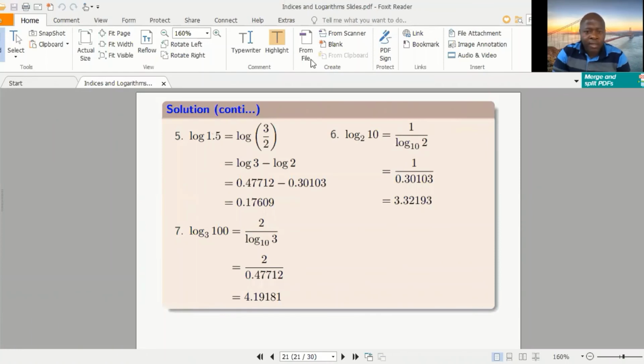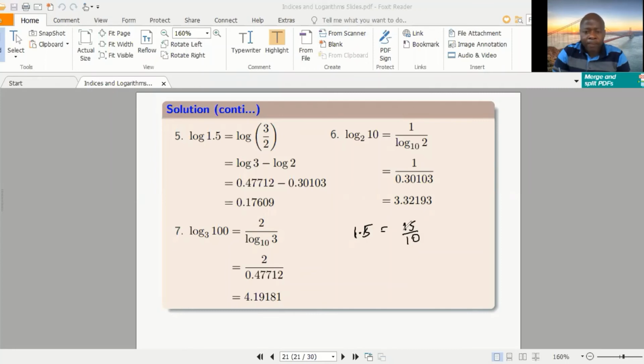Question 5. Yes, good. Question 5 says, find the log of 1.5. So I think of how do I write 1.5 in terms of either 2 or 3? From our primary school knowledge, we already know that 1.5 can be written as a fraction as 15 out of 10. It can be written like that.